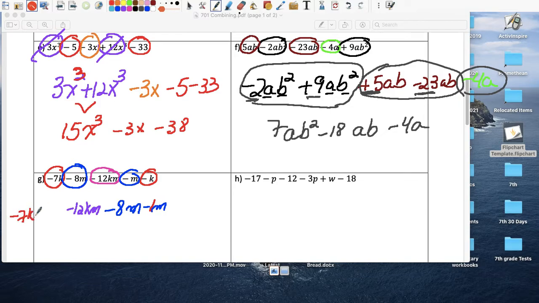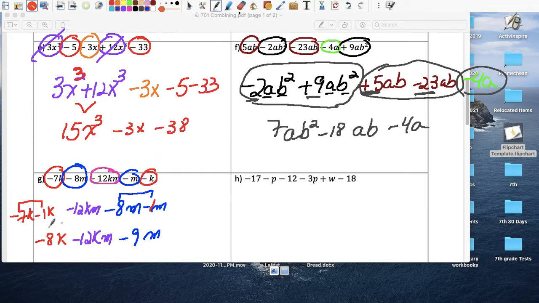Minus 7K minus 1K. So the K stays, and you do negative 7 minus 1, which is negative 8. In purple, minus 12KM does absolutely nothing. And in blue, it's going to be something M, and we're going to do negative 8 minus 1. Negative 8 minus 1 is negative 9. So that's your final answer.